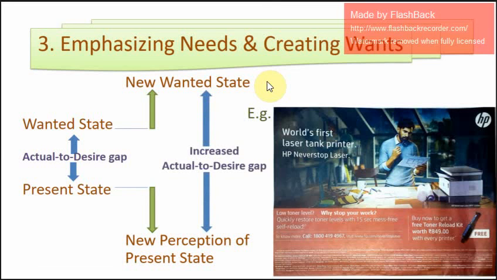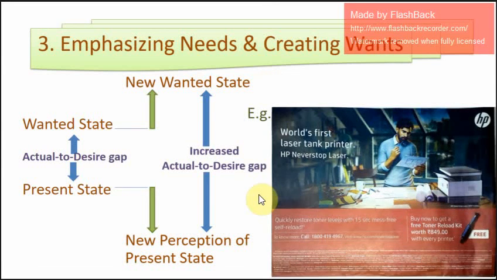And the ad increases the actual to desired gap, and in a way problem recognition happens. By the way, the actual ad did not have this particular line. The actual ad was like this. I added one line just for the emphasis.